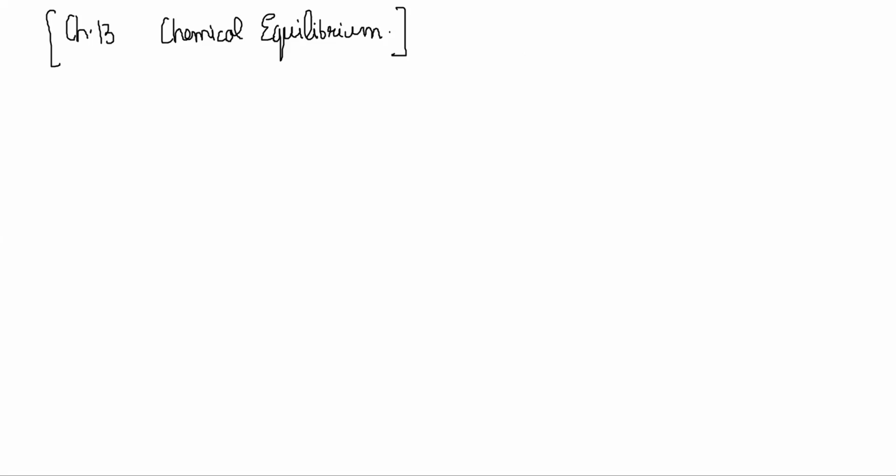You cannot arbitrarily do N2 plus 3 H2 gives 2 NH3 and hope that a lot of ammonia will be there, right? Because it could be that at the temperature and pressure that you are doing it, ammonia is very negligible. So that is the whole point.